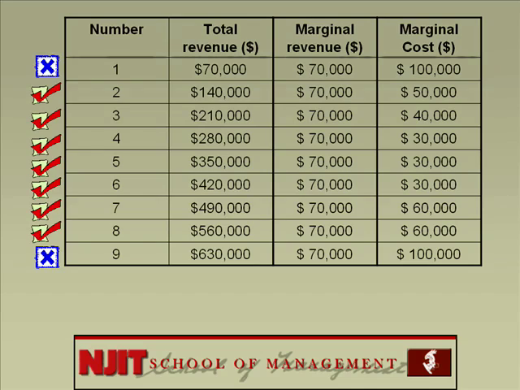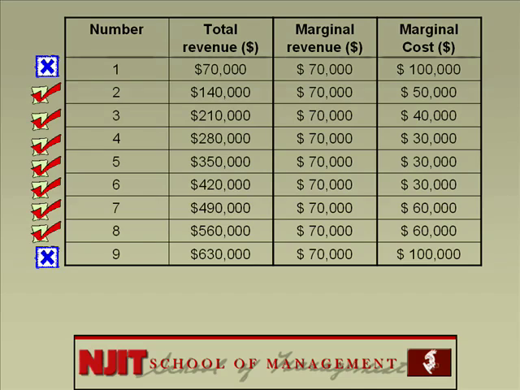At 8 machines, what's the revenue? It's 560,000. At 8 machines, what's the total cost? If you look at your total cost chart, it's 400,000. So the profit is 560 revenue minus 400,000 cost equals 160,000. Choose any other number, your profit will be less than 160,000.